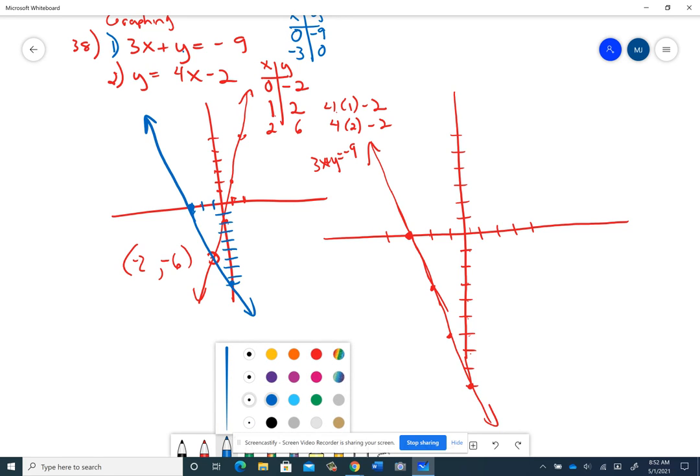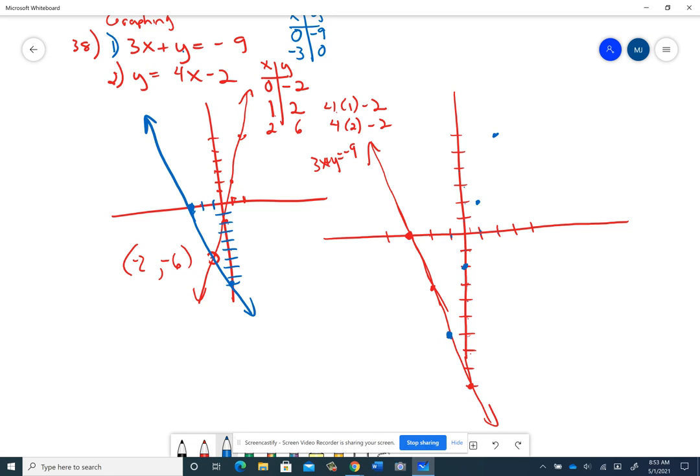Okay, now let me do the other one again. Negative 1, 1, 2, 3, 4, 5, 6, negative 1, negative 6. So on that one, I just went and did a few more points. So 0, negative 2, 1, 2, 2, 6.